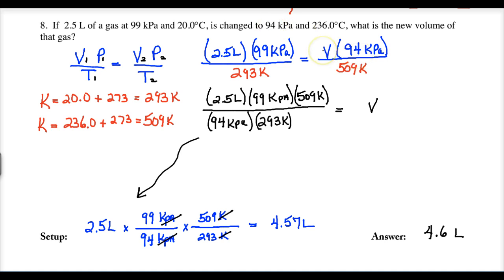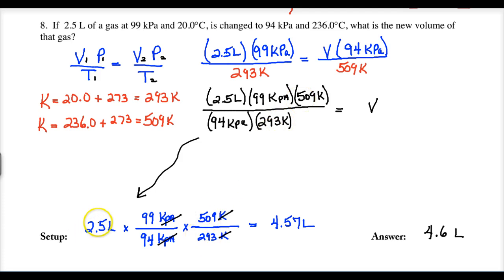What's the new volume? I solve for V by itself, bringing the 509 Kelvin on top and 94 to the bottom, and I have this expression. We rearranged our formula, and then we rearrange one more time, putting the 2.5 liters by itself over 1 if you're more comfortable, times 99 kilopascals over 94, times 509 over 293, like units over like units.